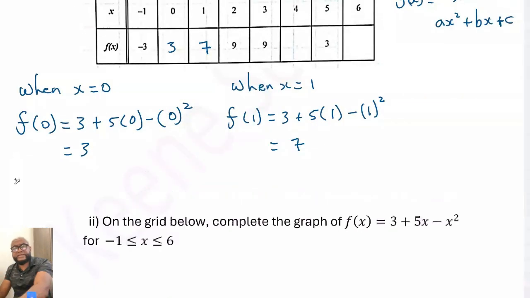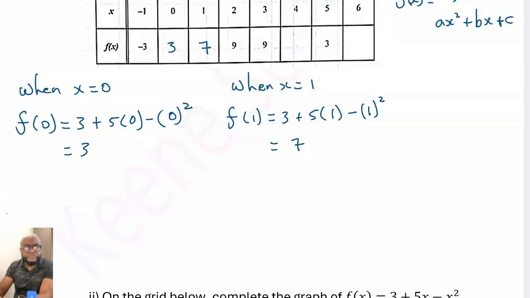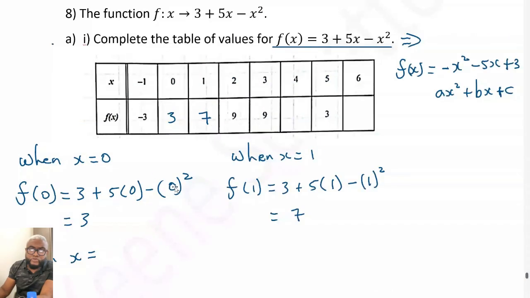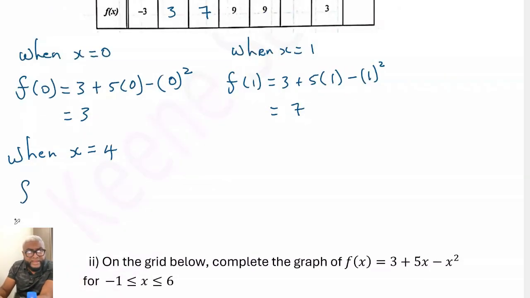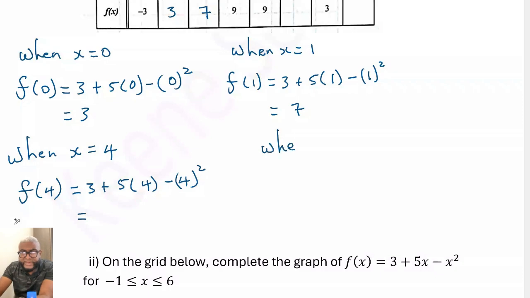We go down the next side now. So when x is equal to, what is the value of x for the next missing f of x value? 4. So we go in. F of what are we trying to find? F of 4 will be 3 plus 5 by 4 minus 4 to the power of 2. Somebody belt out my answer there. 7, so I put 7 here.